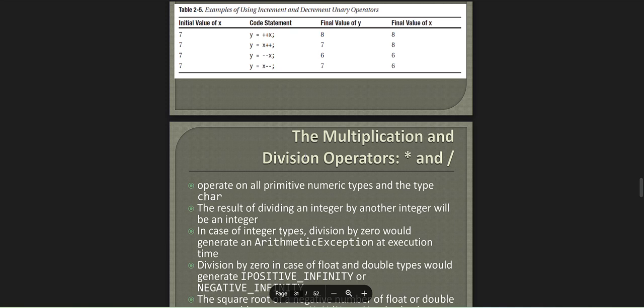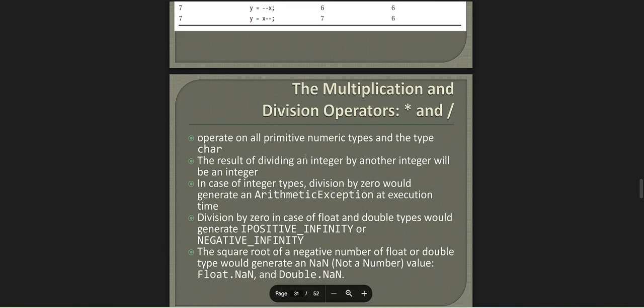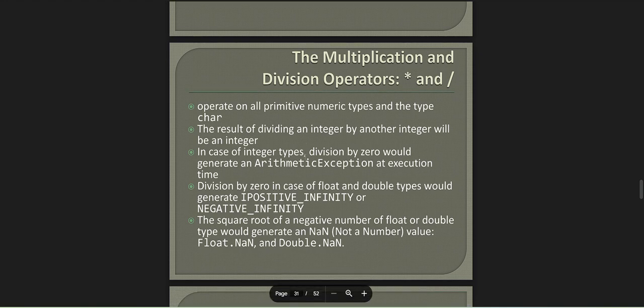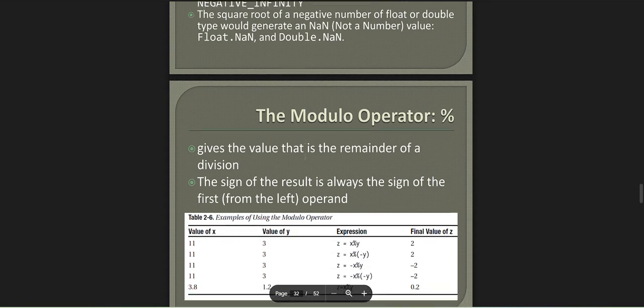Integer division by zero will generate an arithmetic exception. Floating-point division by zero in float and double types will generate positive infinity or negative infinity. The square root of a negative number of float or double type will generate NaN, not a number. Float NaN, double NaN, the modulo operator.